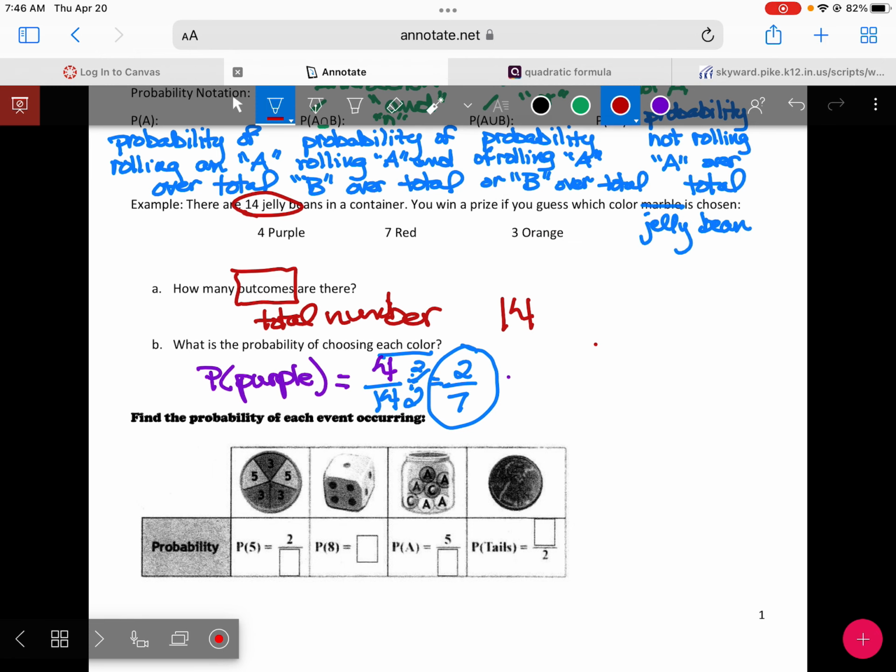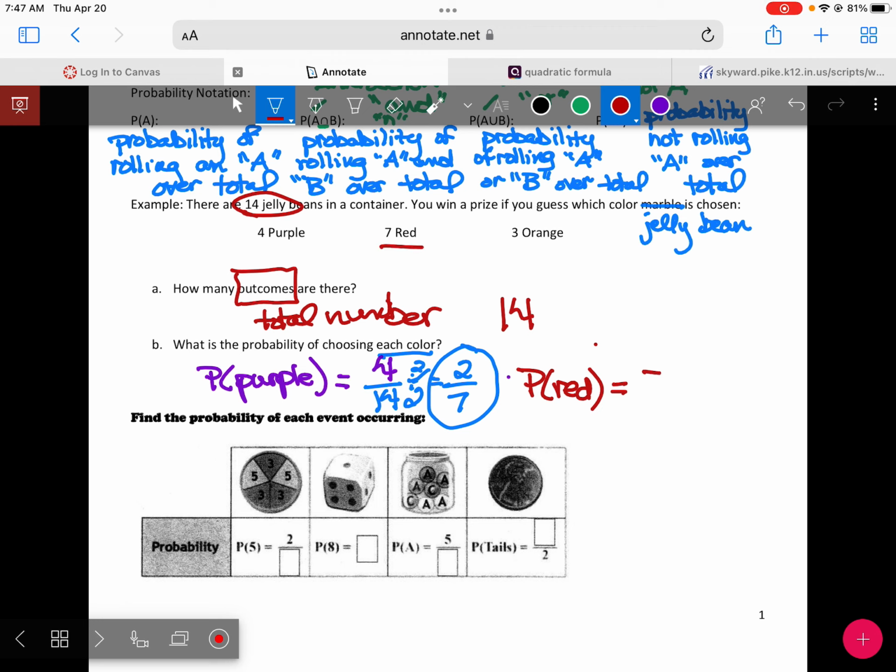All right, so let's go to the next color. What's the probability of selecting a red marble? Well, think about it. How many wins would I have if I were to pick out a red marble? How many chances do I have? What are my wins? Well, how many red marbles do I have?